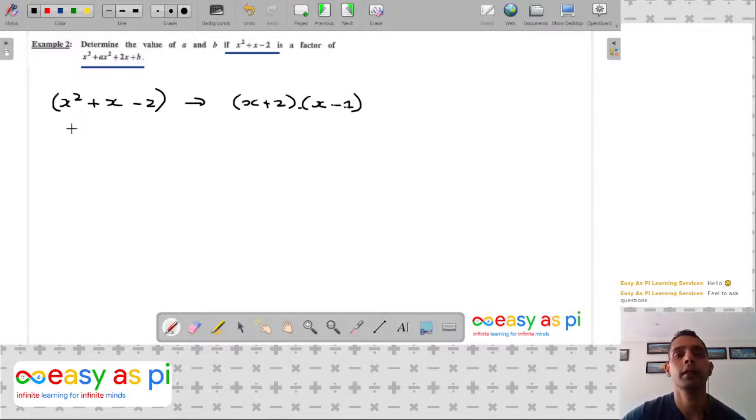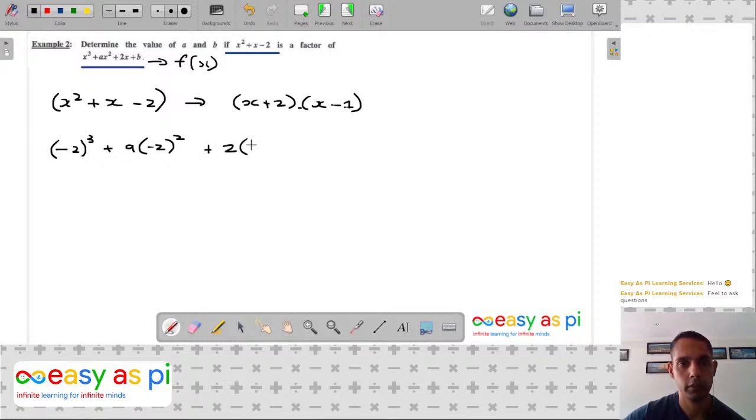And so in this case, let's say we call this f of x. We know that if I plug in minus 2, I get minus 2 cubed plus a times minus 2 squared plus 2 times minus 2 plus b.